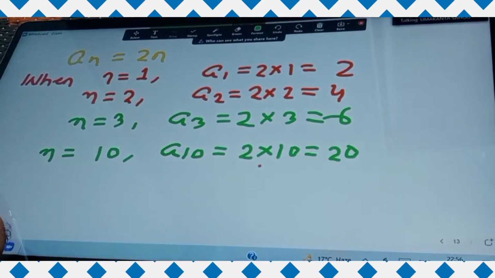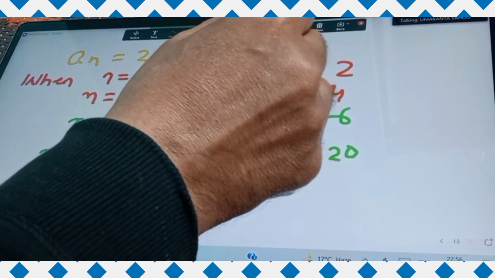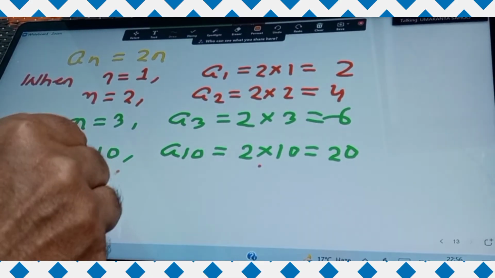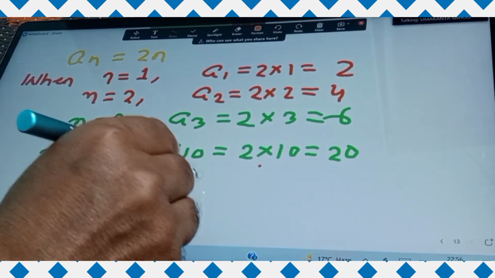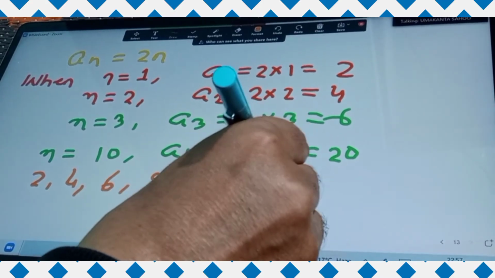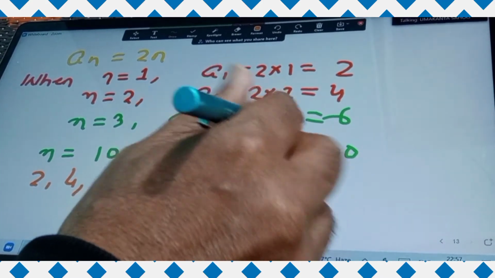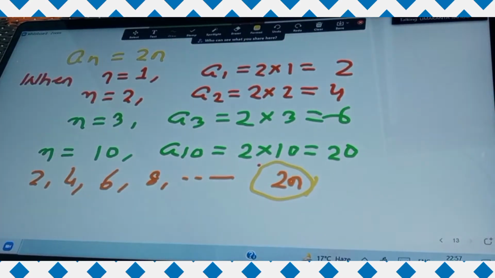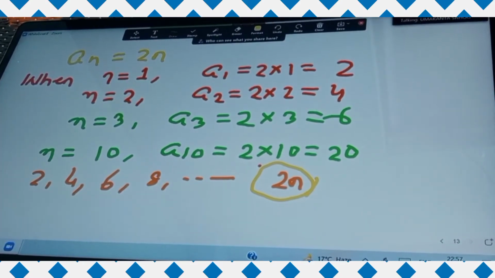Thus, we are getting a sequence 2, 4, 6, 8, and so on, and the last term will be 2n. Yes or no? Here 2n is the general formula with the help of which you can express every term of the sequence.